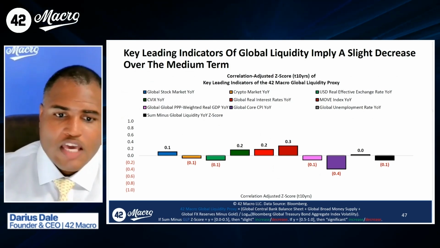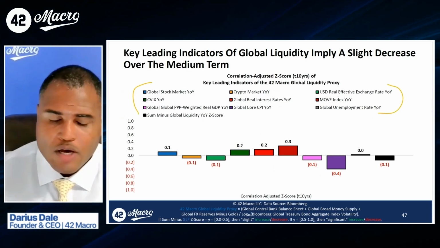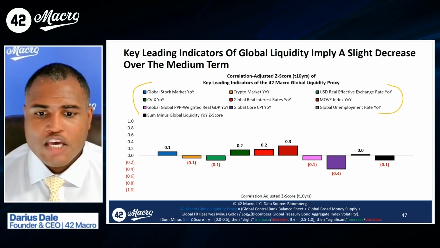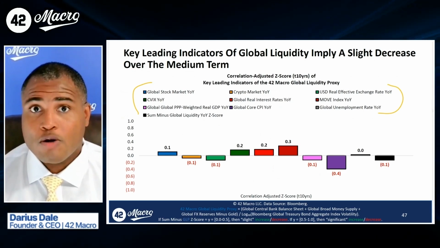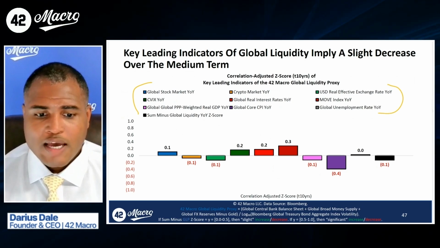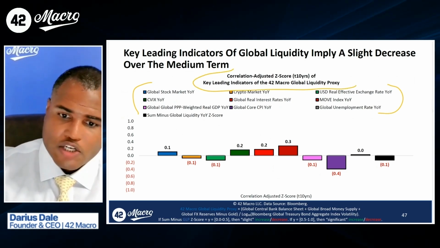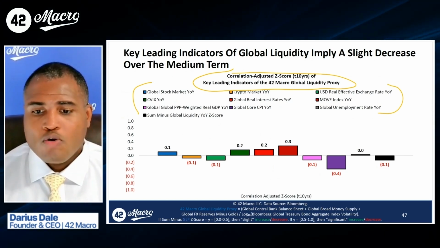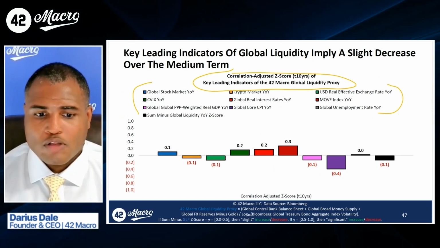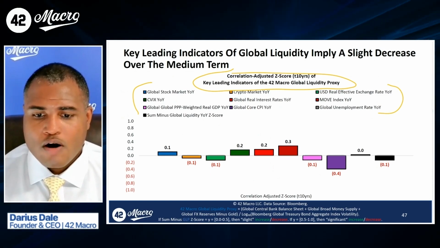So the key indicators of global liquidity, the ones that we highlighted earlier, prior to the debt growth discussion, imply a slight decrease in liquidity over the medium term, over the next, let's call it, 3 to 6 months. And how we derive that conclusion is we calculate the correlation adjusted Z-score of those indicators, and then we take the sum of that correlation adjusted Z-score weighted by the correlations, and then we subtract the liquidity year-over-year Z-score from that sum.